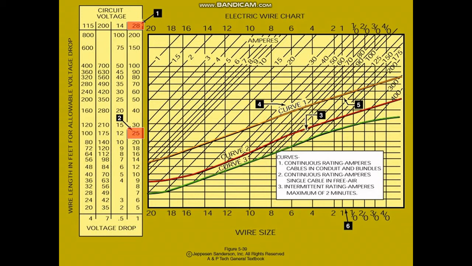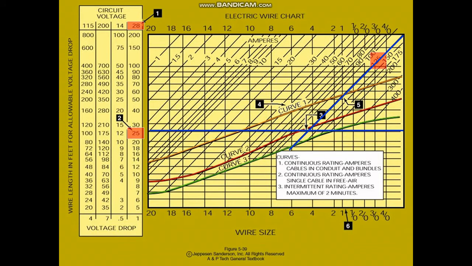After you find the wire length, you have to go to the amperes of the electrical wire. And this is the amperes for the electrical wire. After that, you will match between the length of the wire and the amperes, like this.